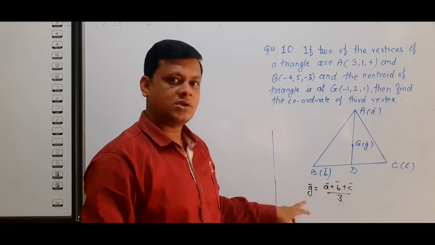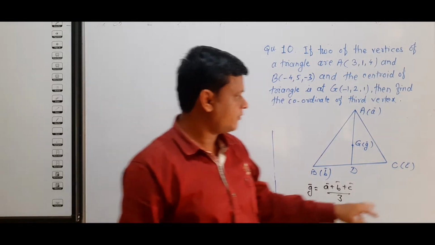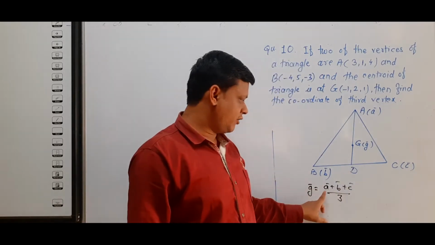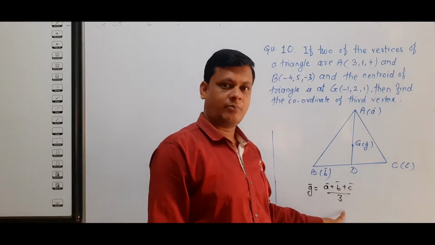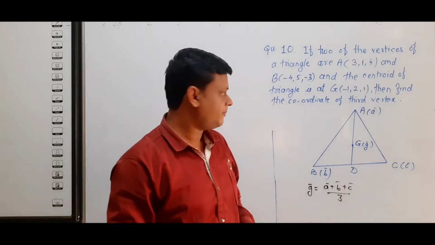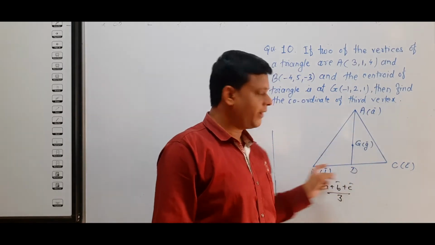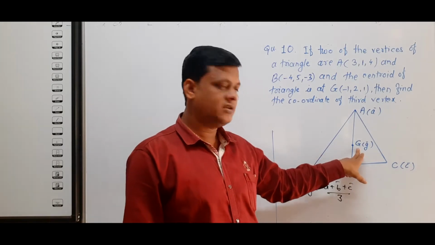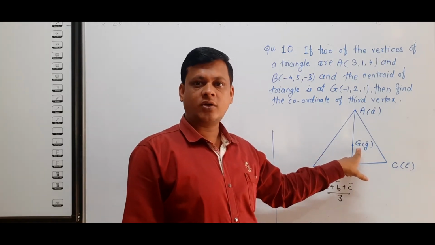So for calculating the third vertex coordinate, we have to use G bar equals (A bar plus B bar plus C bar) upon 3. That means we have to consider the position vector of each vertex and the position vector of the centroid.